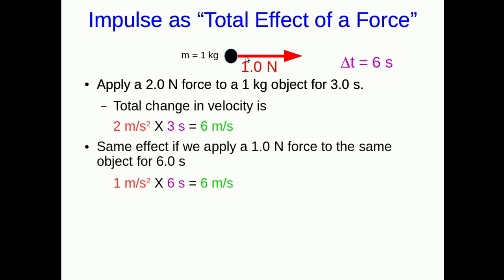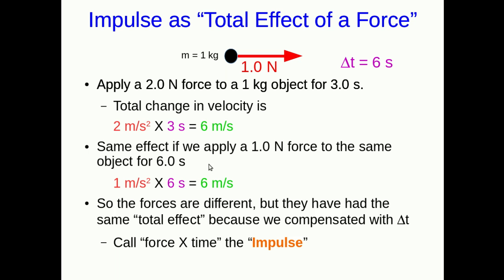Well, notice that if we instead apply a 1 Newton force, so that we get a 1 meter per second squared acceleration, we can get the same change in velocity if we just apply that force for 6 seconds instead of 3. So we've got the same net effect, the same total effect due to this force, a 6 meter per second change in velocity on this 1 kilogram object.